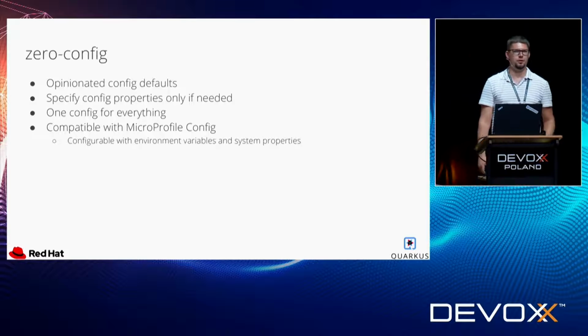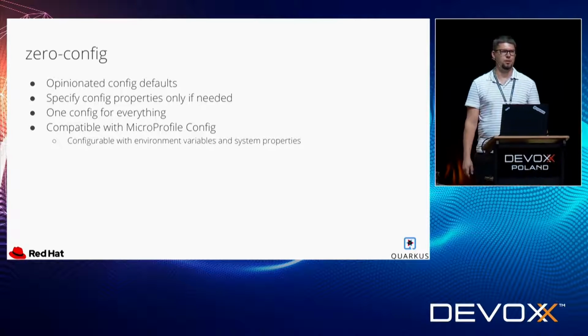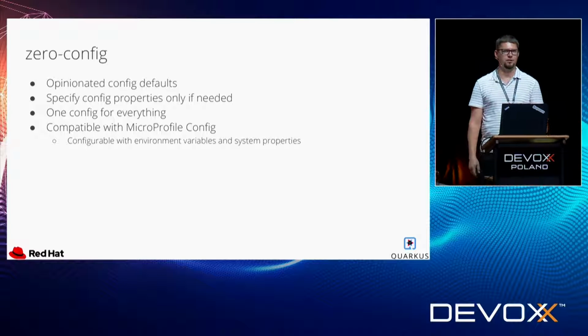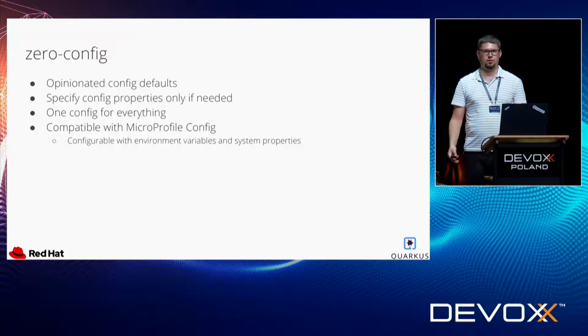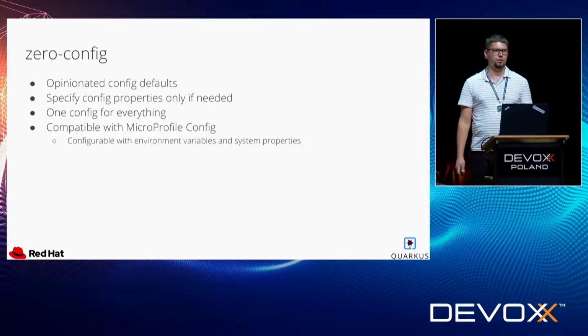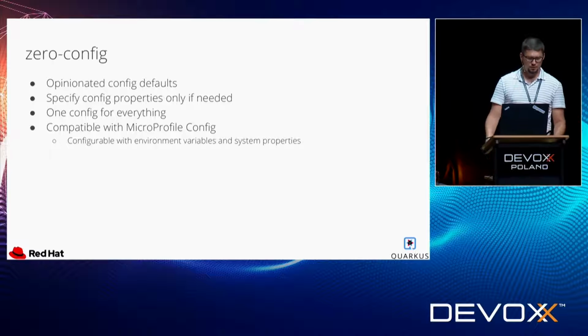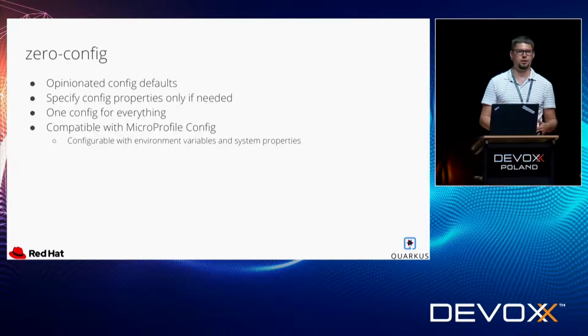Another important factor is the configuration. As basically all the modern frameworks, Quarkus doesn't need configuration if you do just standard stuff. So if you just have a REST service that you expose on port 8080, it will just do that without any configuration. If you want to change the port or if you want to talk to a database, you need some configuration. But if you do need some configuration, you have one config file for it.